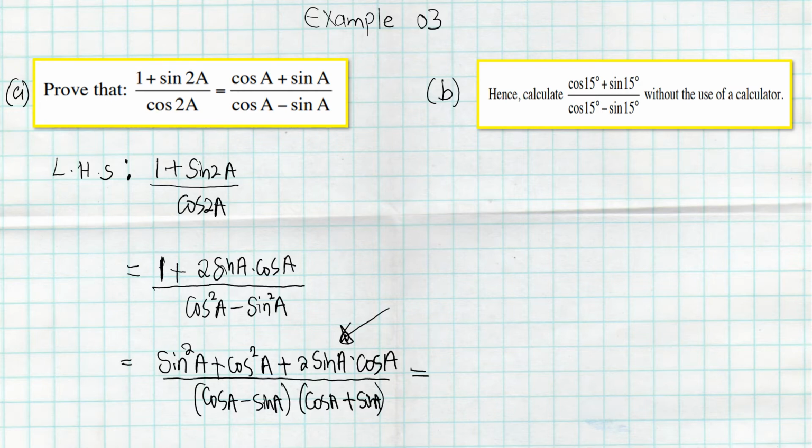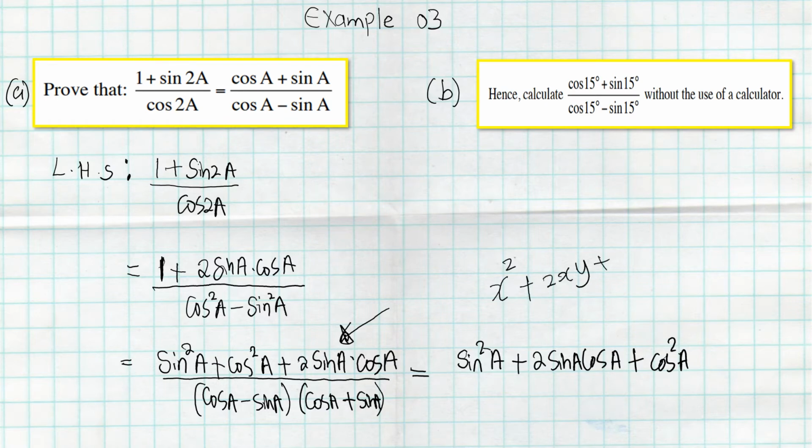Let me just write it properly for you. I can say sine squared a, then followed by plus 2 sine a cos a plus cos squared a. And if I can relate this to sort of like a quadratic expression that can be factorized, look at this. I can write it x squared plus 2xy plus y squared. Do you remember this quadratic equation?